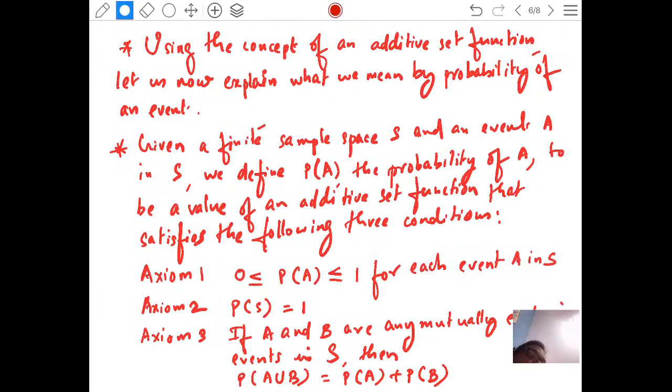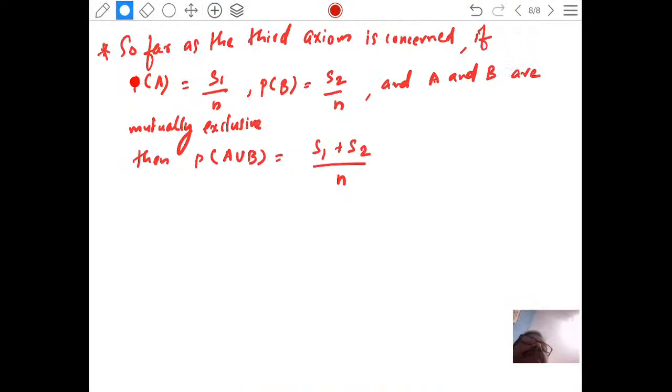So as shown in axiom 3, probability of A union B equal to probability of A plus probability of B. Then probability of A union B is S1 by N plus S2 by N. Taking N as the common factor, the LCM, we have S1 plus S2 by N, which is equal to probability of A plus probability of B.